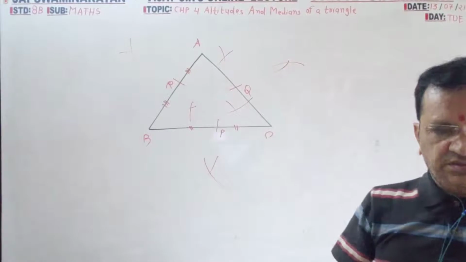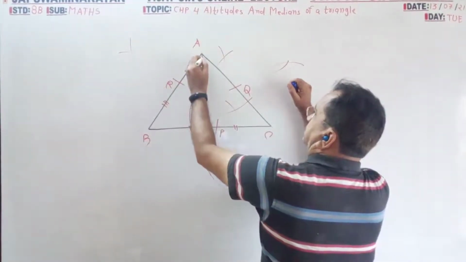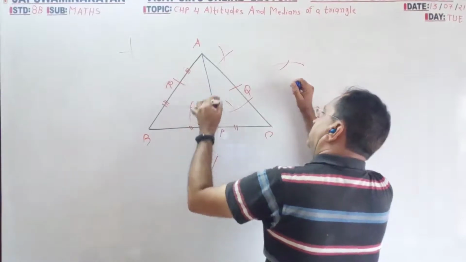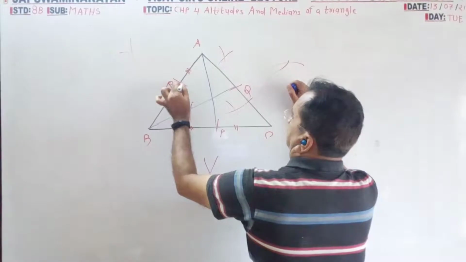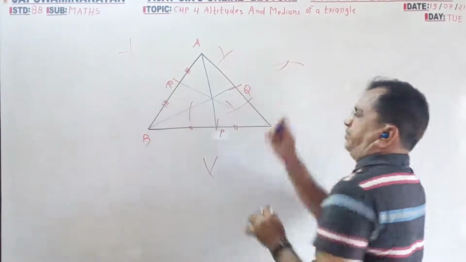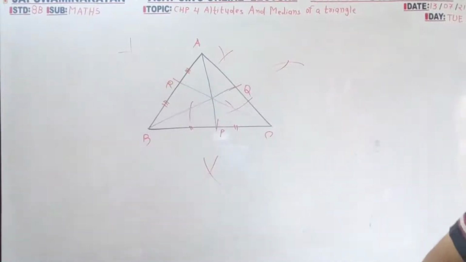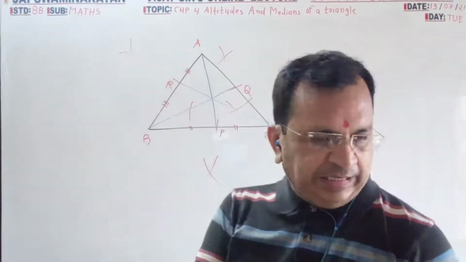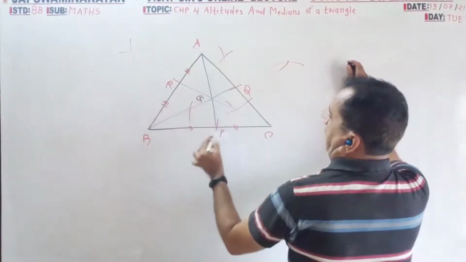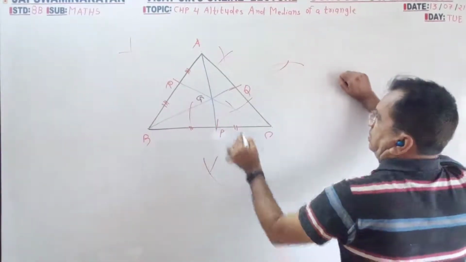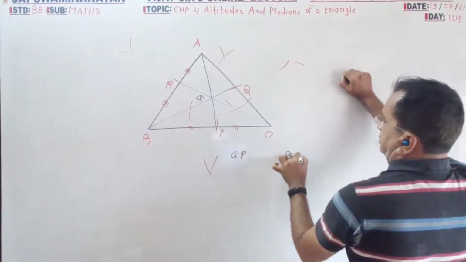Now try to join this midpoint. Now this is G. I will measure small on these, small first, GP, then GA.